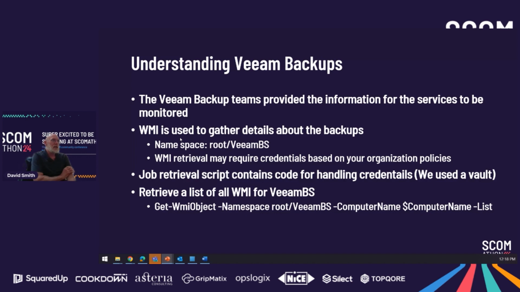And the way that I got a list of all the different WMI metrics that are available, I simply did a Get-WmiObject to the namespace of root Veeam BS and specified the computer name to list out all those different types of WMI that were available.